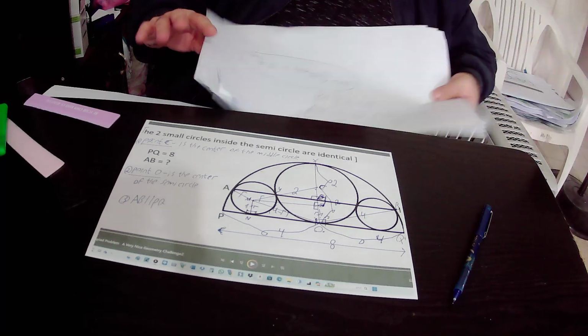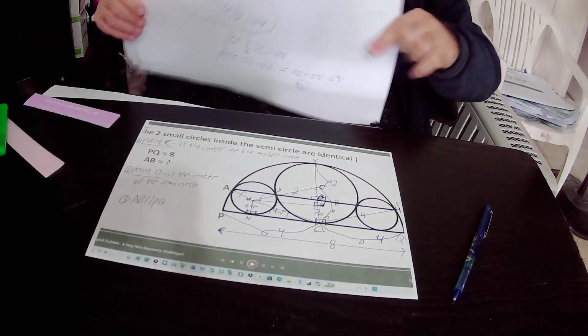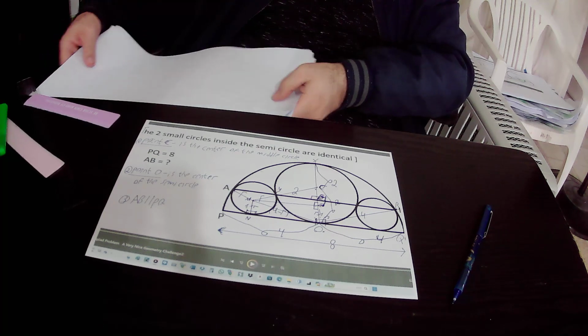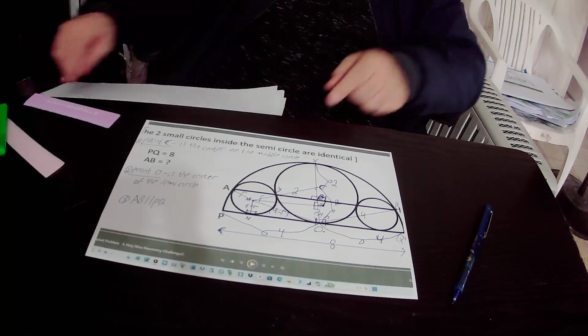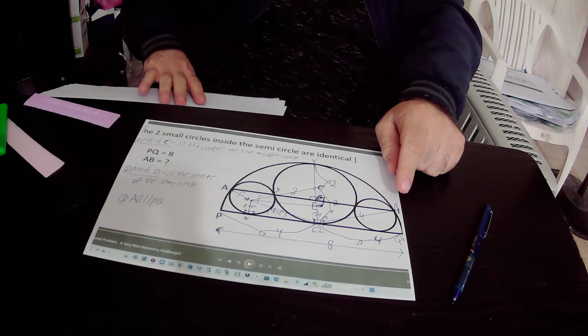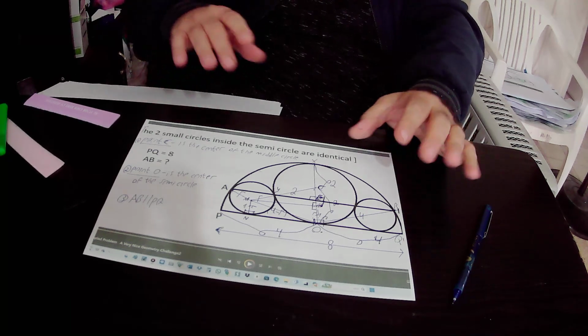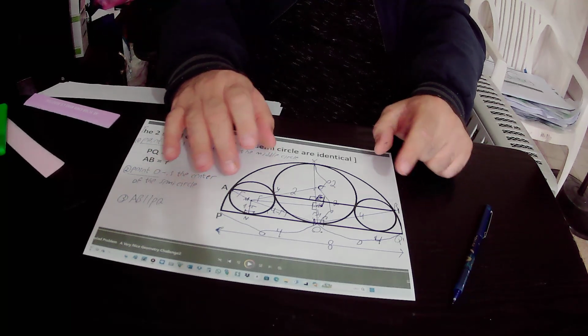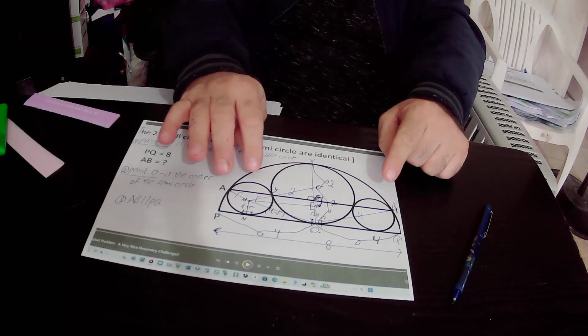Actually, we wanted to find out the length of this chord AB, and we have here a semicircle, and inside this semicircle we have 3 circles.